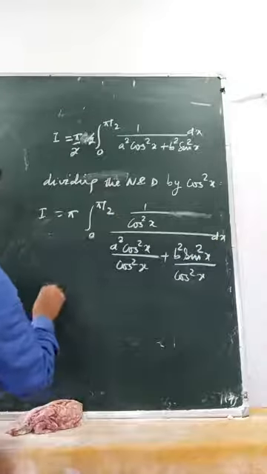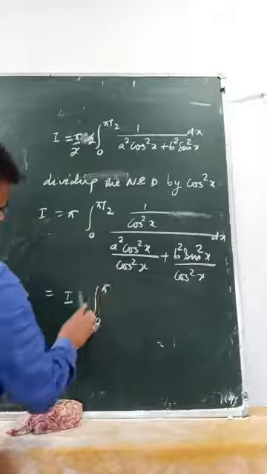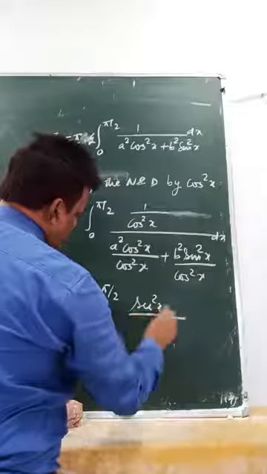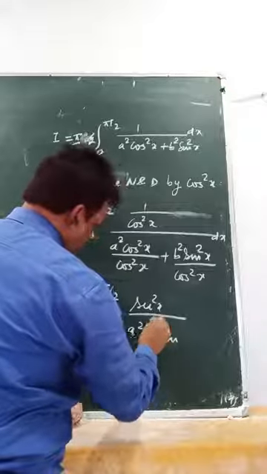So that is I, 0 to pi by 2, sec square x by a square plus b square tan square x.